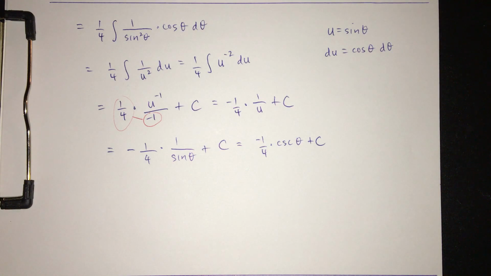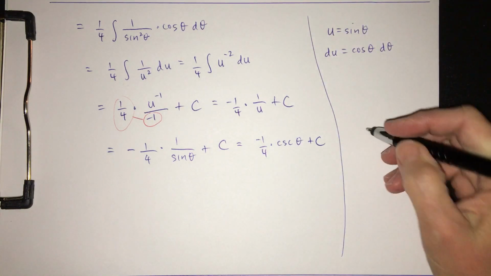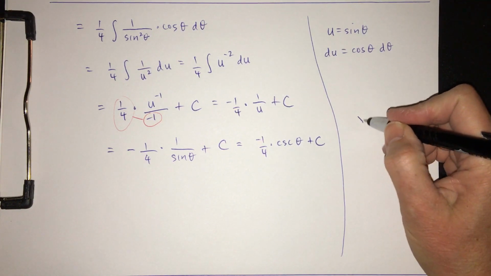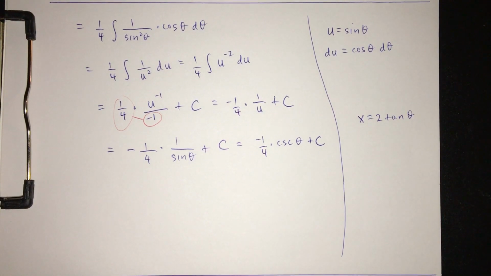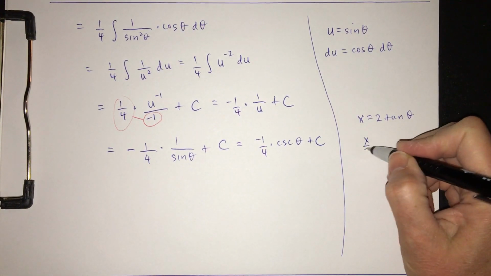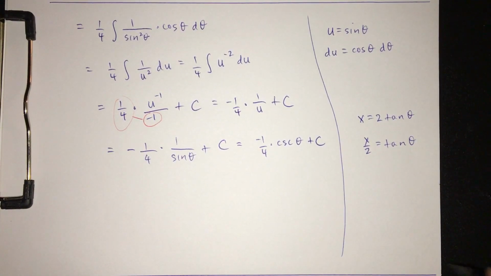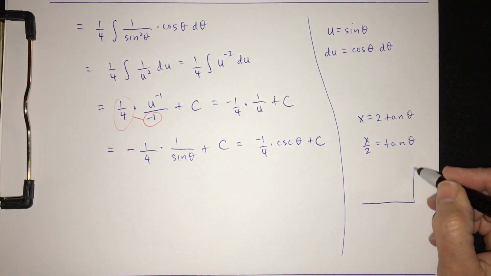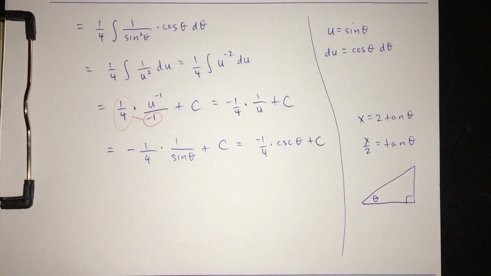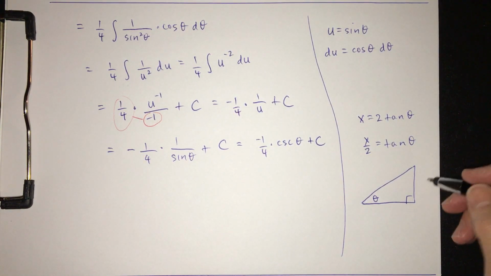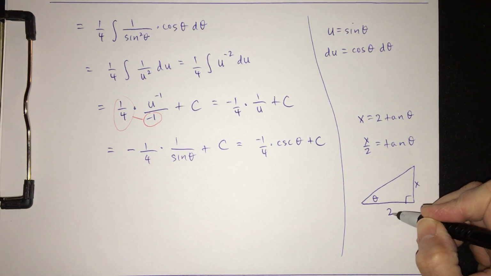Now I've got to go back and recall the trig substitution we had done on this problem, and it was x equals 2 tangent theta. So that is x over 2 equals tangent theta, and I will draw the right triangle for this, put in the right angle, put angle theta, and tangent is opposite over adjacent.